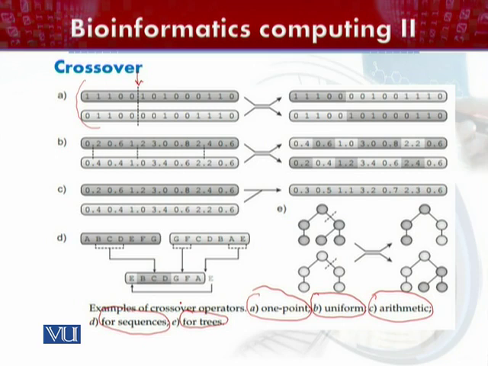In 1-point crossover, chromosomes exchange their parts at a single point. For example, here we can see that at this point both chromosomes are exchanging their parts.